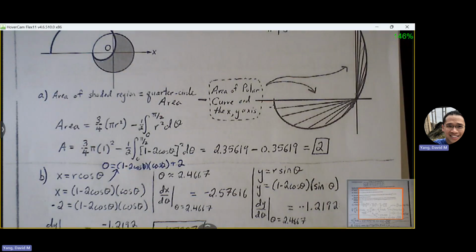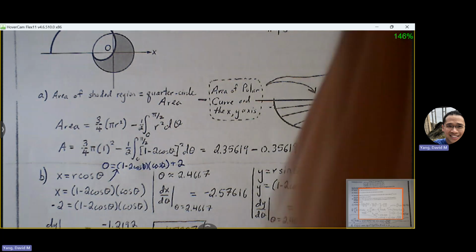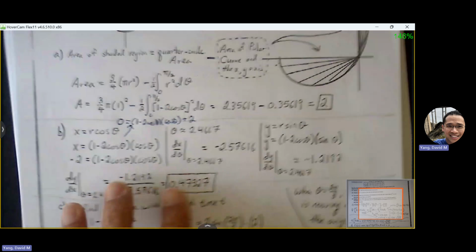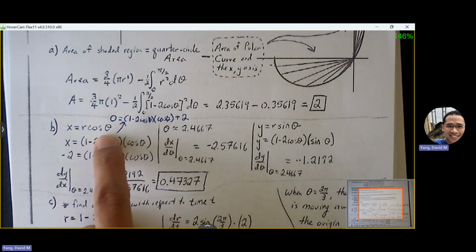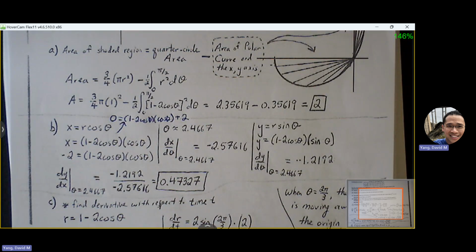Let me finish going over page 19 with the polar area problem. So part B, we talked about how if we convert it in terms of x, we know x equals r cosine theta, we know y equals r sine theta.